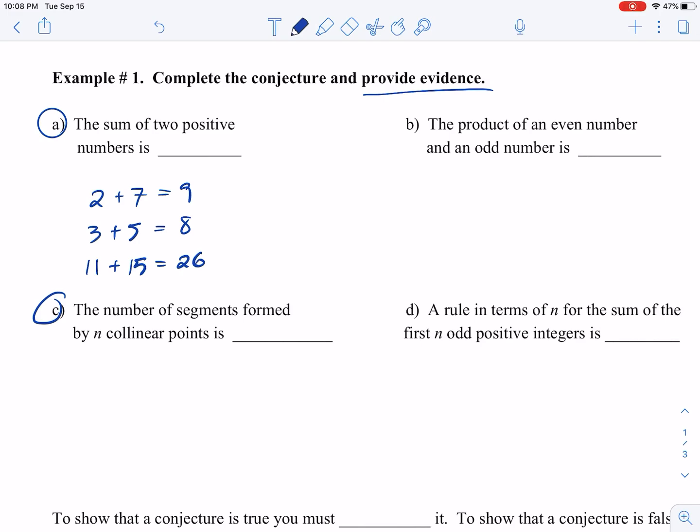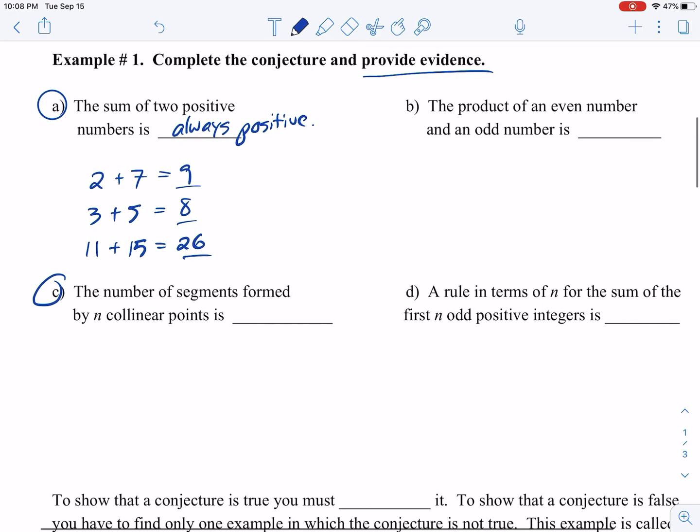Okay. Hopefully you notice that every time you add two positive numbers, you're just going to get a positive number. You'll never have a negative. So the sum of two positive numbers is always positive. And you have plenty of evidence down below.